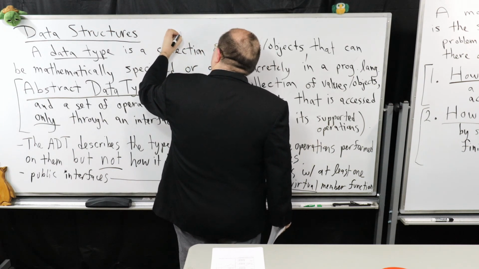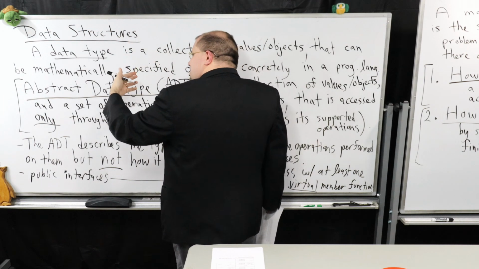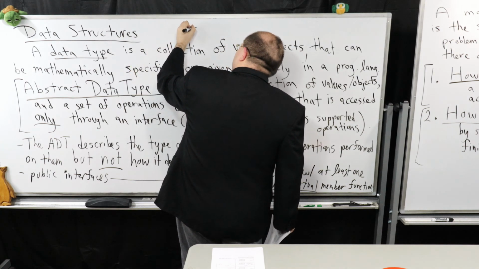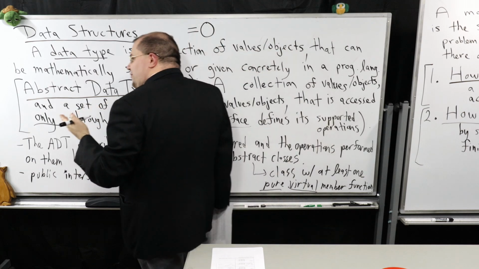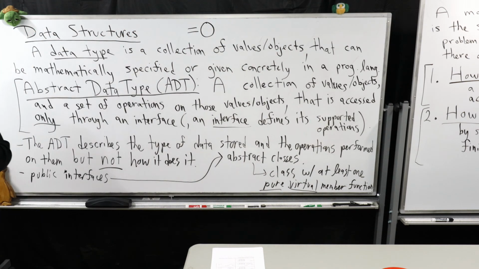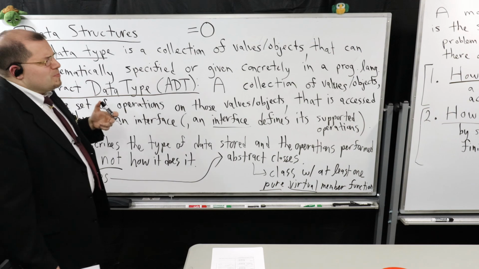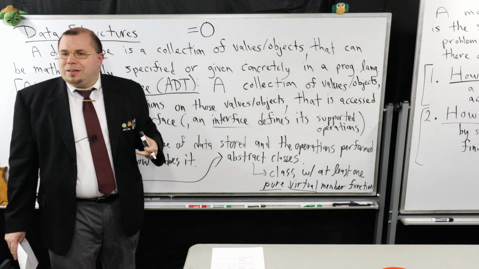Say I want to make it so that the function is purely virtual. What you do is you write equals 0 after the signature of the function. It's kind of weird. I have an example that's going to be in the notes.